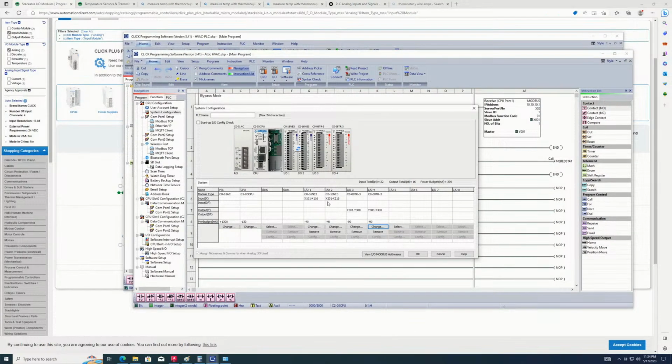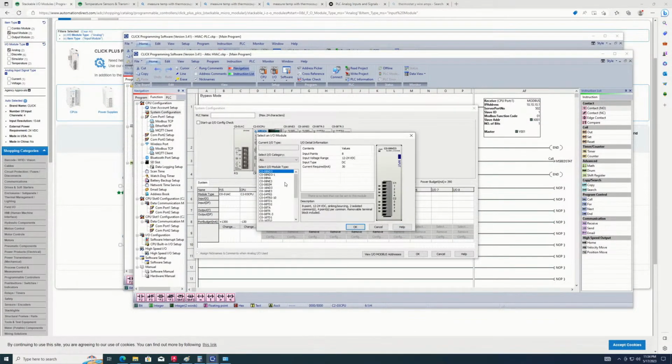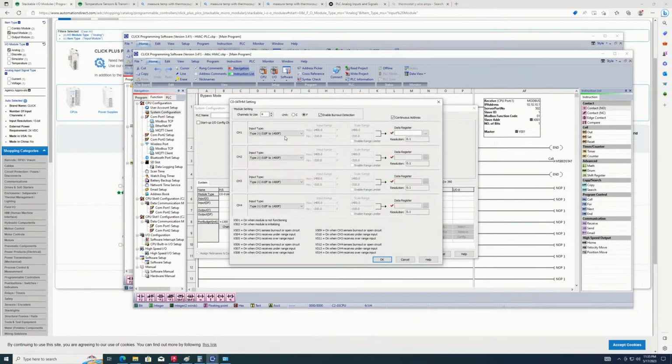All right, where's my analog input 482? What are these? Oh, these are thermocouple inputs. Look at this. I found it. All you gotta do is tell it what type. Holy crap, look at this.